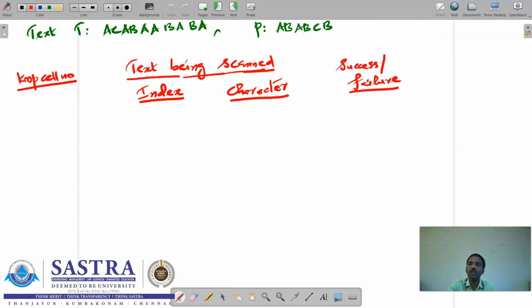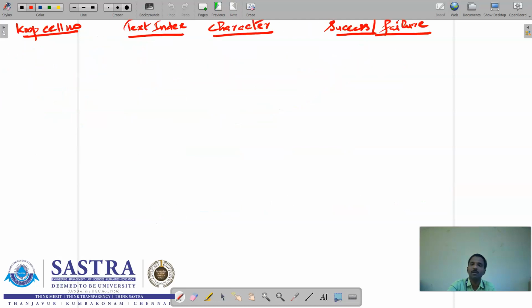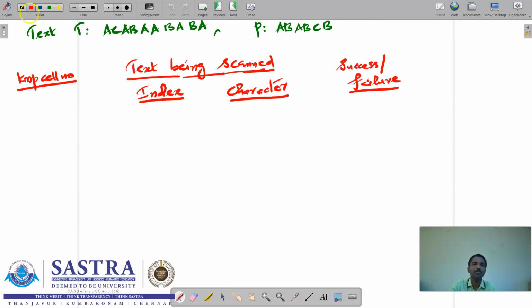Now let's start from KMP cell number 1 onwards. Currently we are in KMP cell number 1.